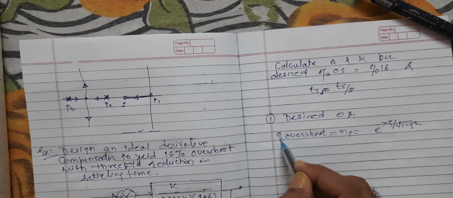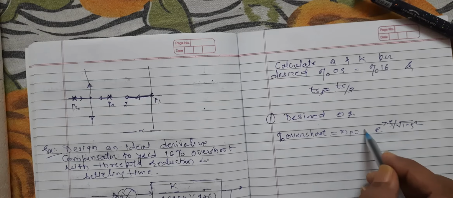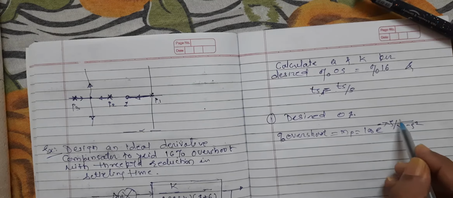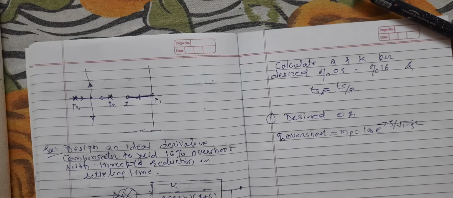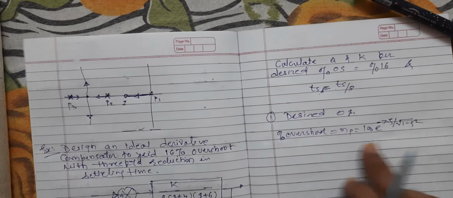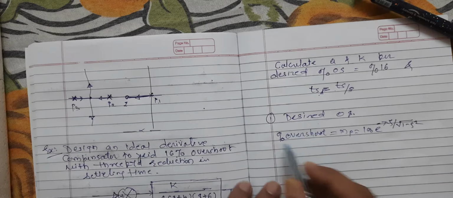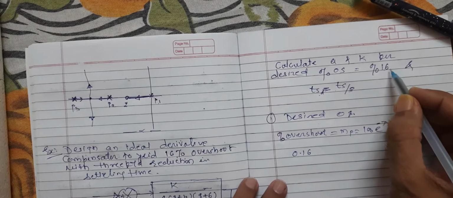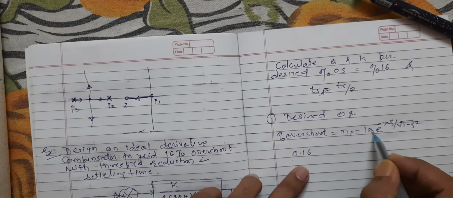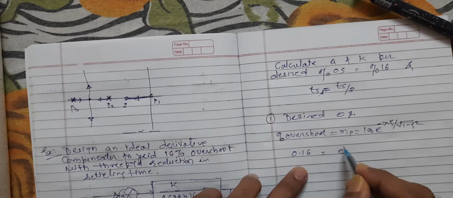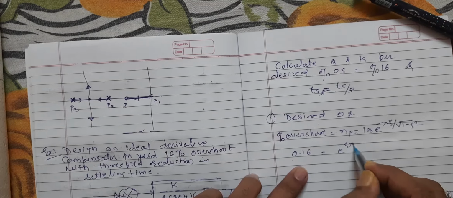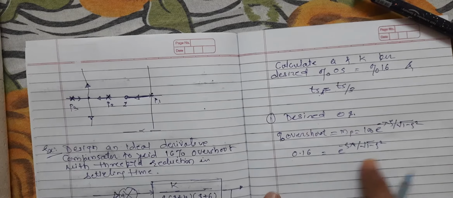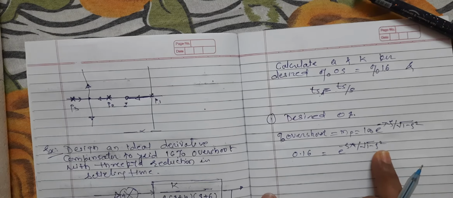Percentage overshoot equals 100 into e raised to minus pi zeta divided by the square root of 1 minus zeta squared. Now suppose my percentage overshoot is 0.16, that is 16 divided by 100. We have e raised to minus zeta pi divided by the square root of 1 minus zeta squared. From this equation we can find the value of zeta.